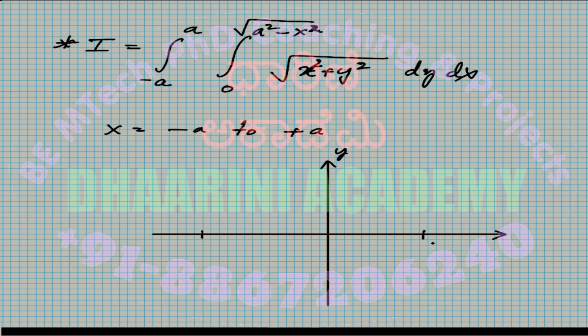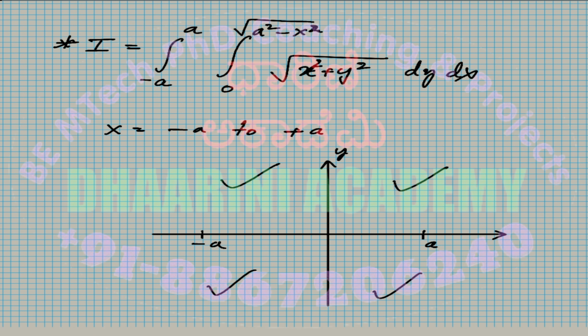I write this is plus a, this is minus a. I'm just looking at x, and am I able to decide which quadrant it is? That's my question. As of now, not possible, if you look just at the x variation.